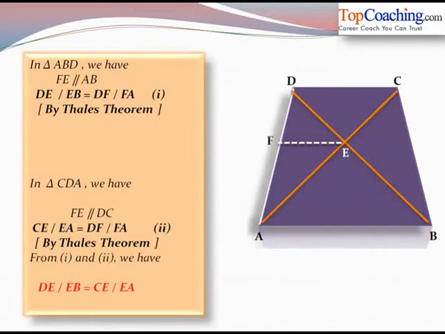From equation 1 and equation 2, we get DF by FA is equal to DE by EB, and also DF by FA is equal to CE by EA, and thus DE by EB would be equal to CE by EA, and this is what we had to prove. And so we can say that the diagonals of a trapezium intersect each other proportionally.